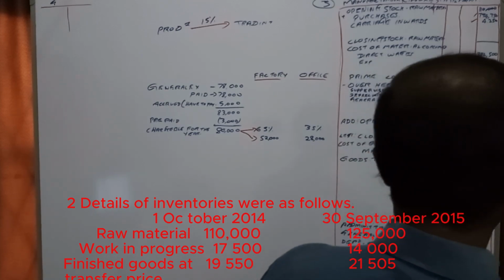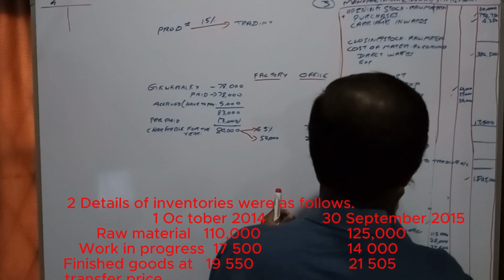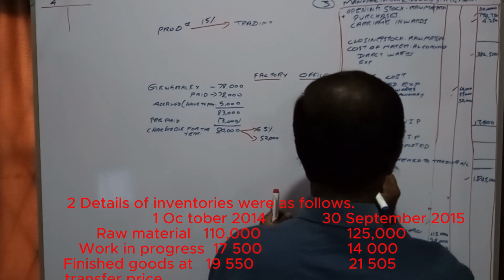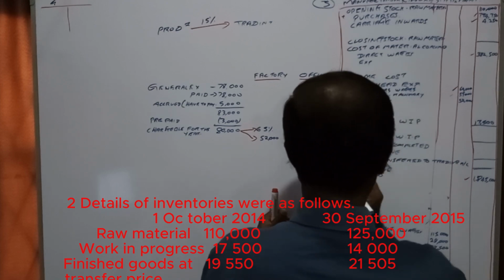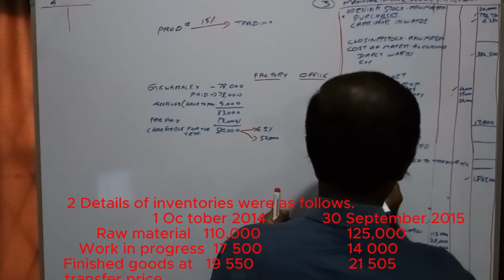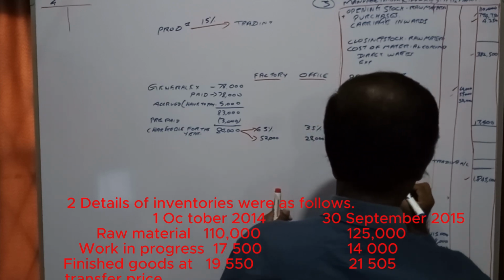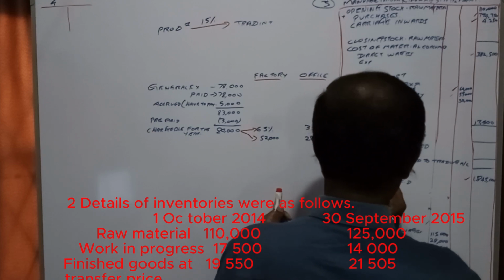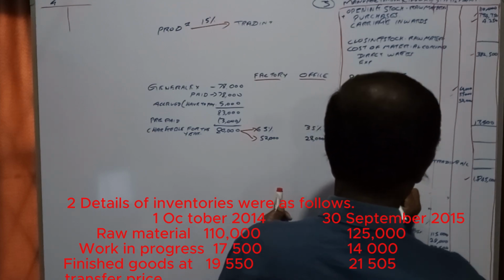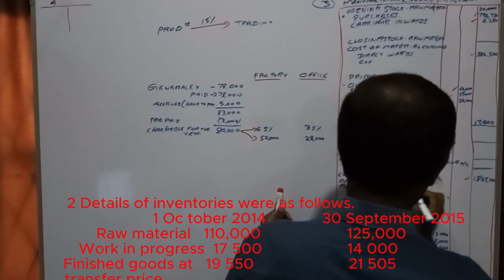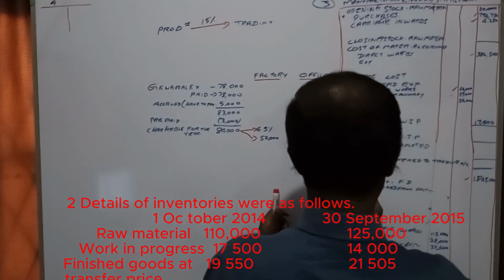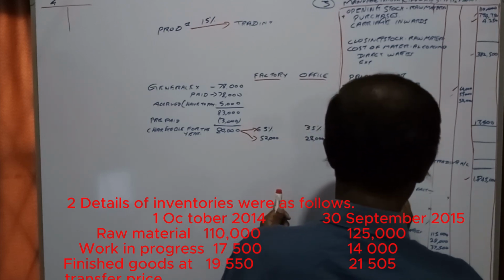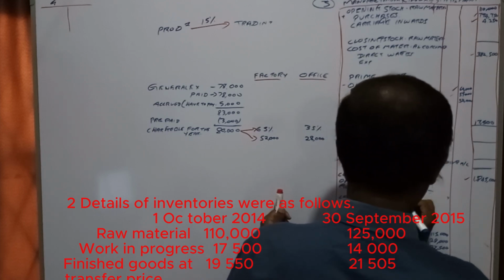Here revenue, then cost of sales: opening stock of finished goods, add goods transferred from the factory, and less closing stock of finished goods.